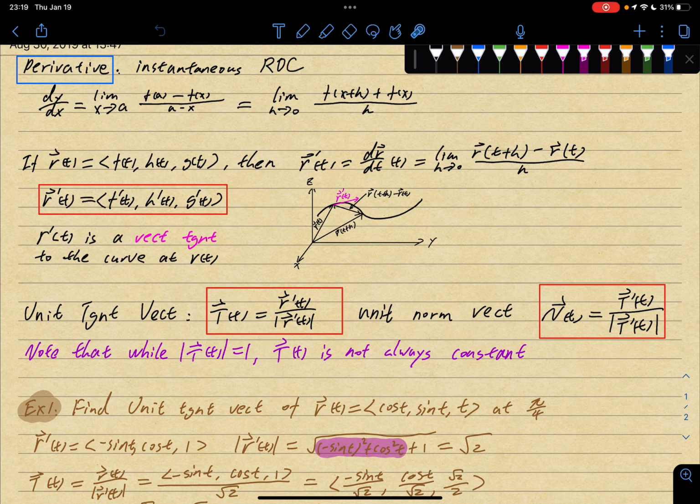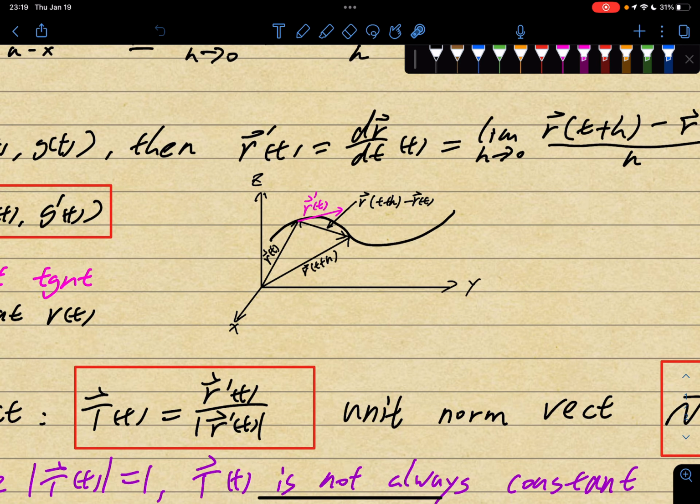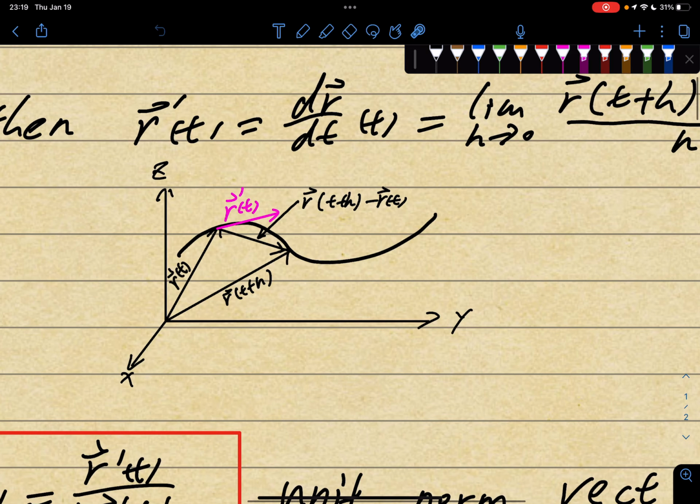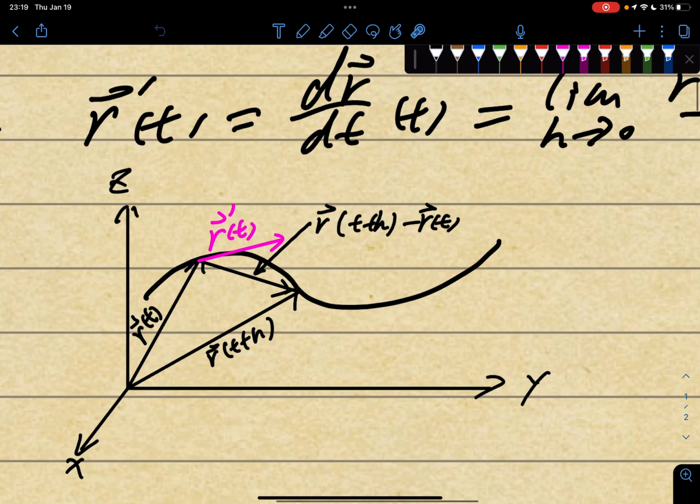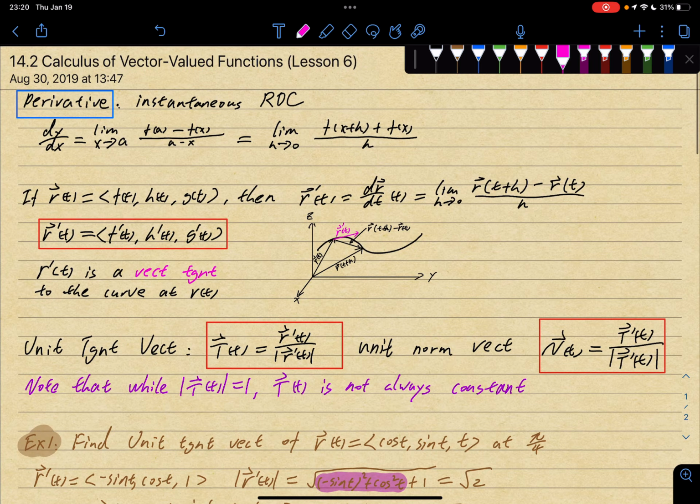And don't quote me on this, but I believe the unit normal vector is pointing perpendicular to the unit tangent vector. I think it's kind of like you're pointing to the center of the curvature of the curve at that point. But don't quote me on that, okay? This is just my intuition.